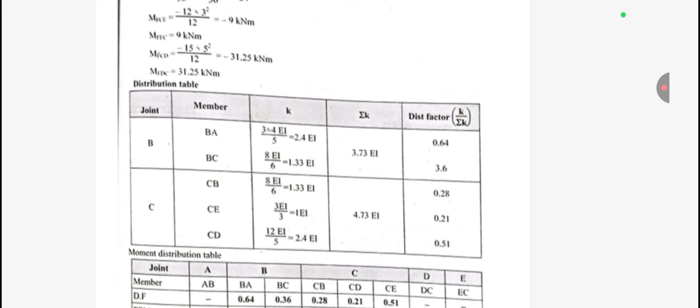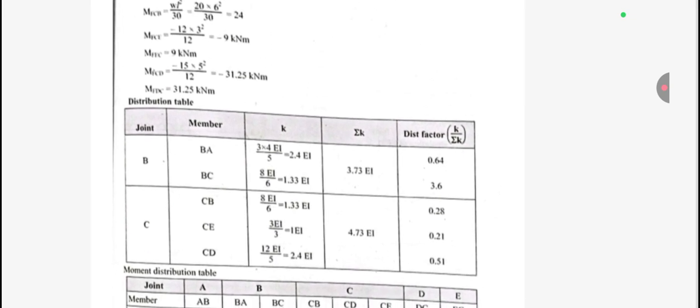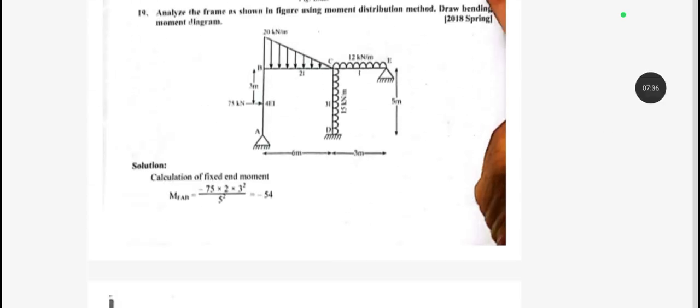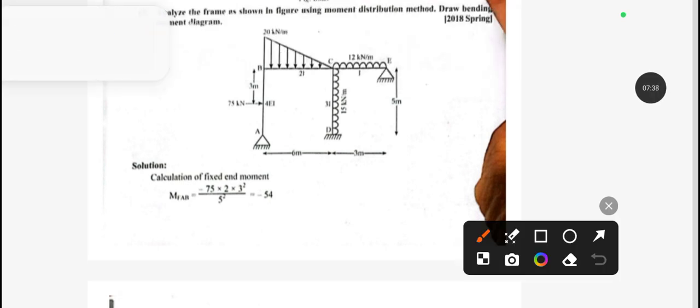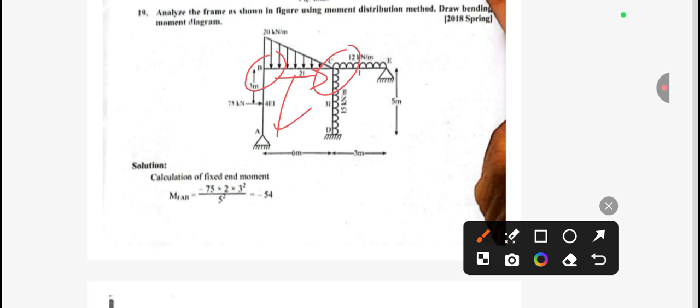Now the second step is the distribution table. Okay, so first you need to find out how many members and joints. You can see here, in this frame, we have these two intermediate joints. So our joints will be B and C, and the number of members connected with B is 2, that is BC and BA.